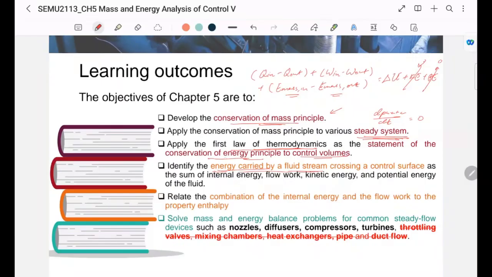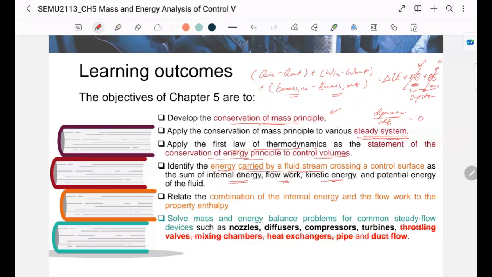And that basically will be the sum of the internal energy of the fluid itself, the flow work, the kinetic energy of the flow, not the system. So these are for the system. The fluid itself, because it's moving, even though the whole system is stationary. Let's say you imagine there's a box, there's a flow coming in, there's a flow going out. The box itself is not moving, so therefore it doesn't possess any kinetic energy.